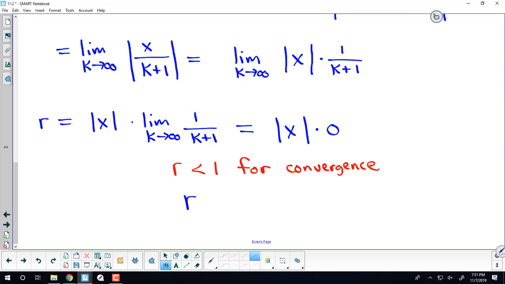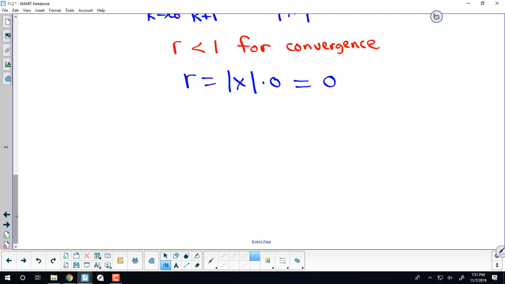And our r is the absolute value of x times 0, which is 0. A constant to the k over k factorial is 0 for any x value, because of those growth rates. So since r is 0, r is always less than 1.